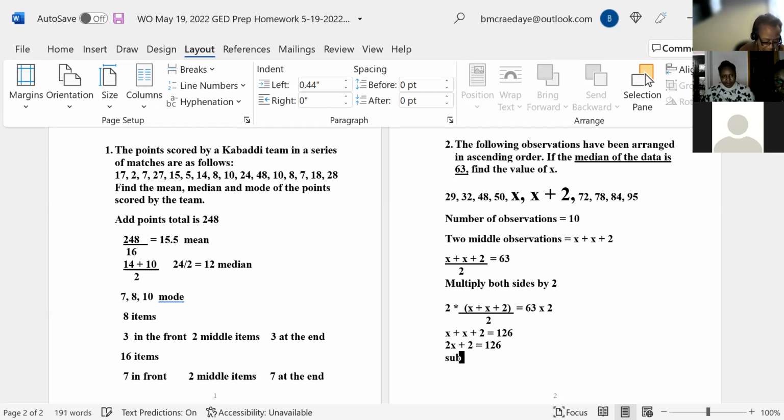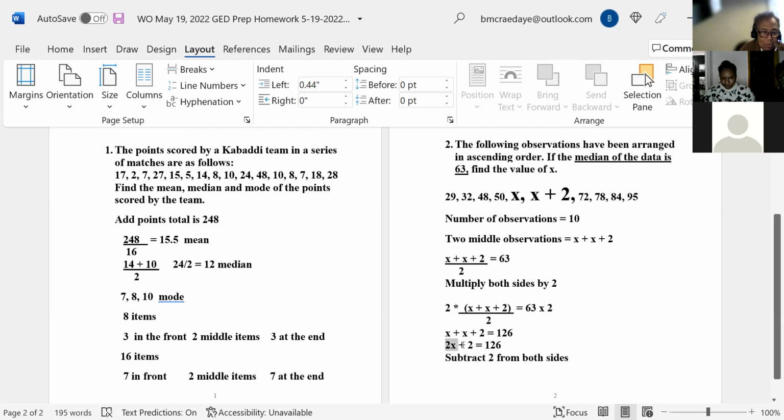Subtract 2 from both sides? That's it. Very good. Subtract 2 from both sides. Remember now, you do opposite operations, and you don't want to divide here until you get the constants together, Maureen. You're going to eventually do the division, but you want to get your constants together first, right?